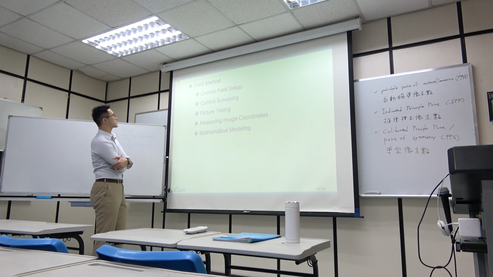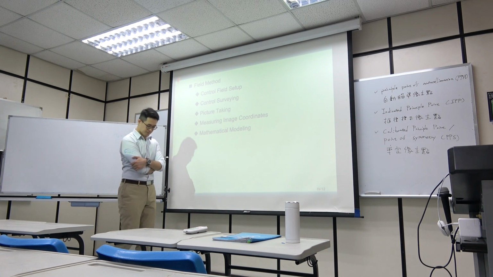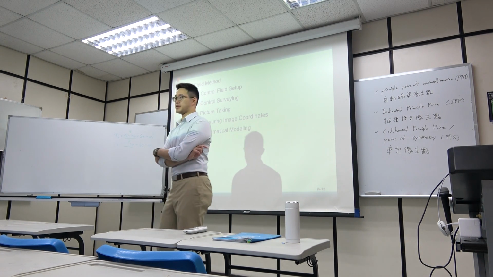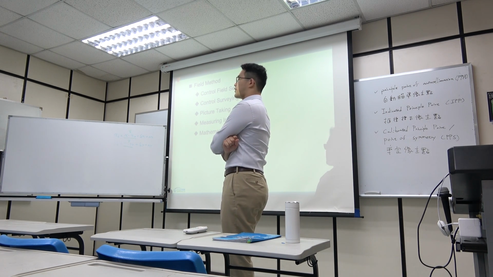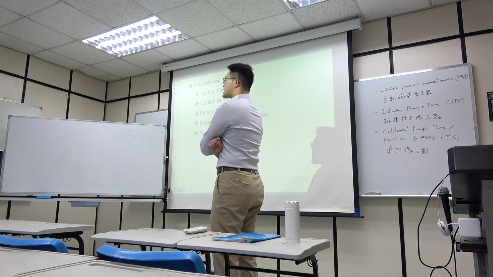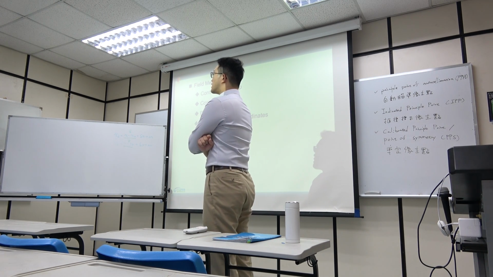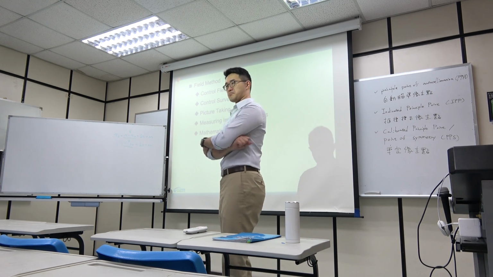The first one is the control field setup. Control field, in Chinese is 控制场. So how do we set up the control field? Like I said in the past, you need to choose a specific field.